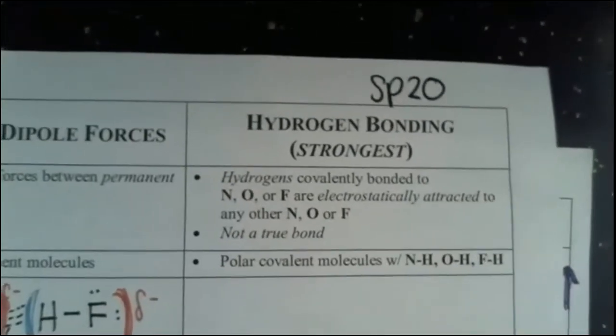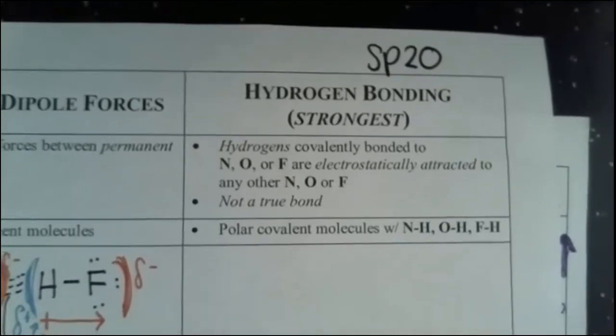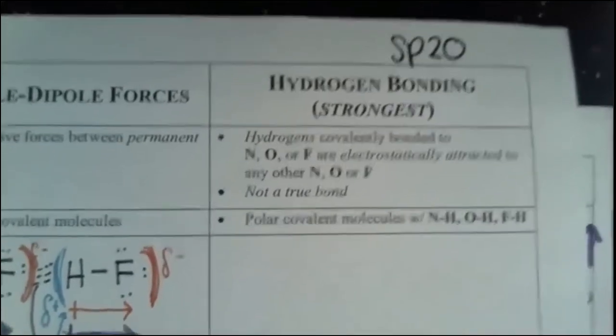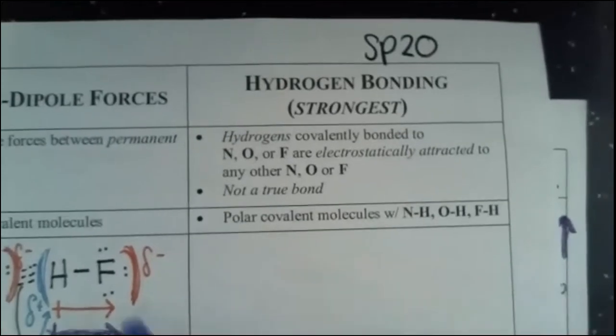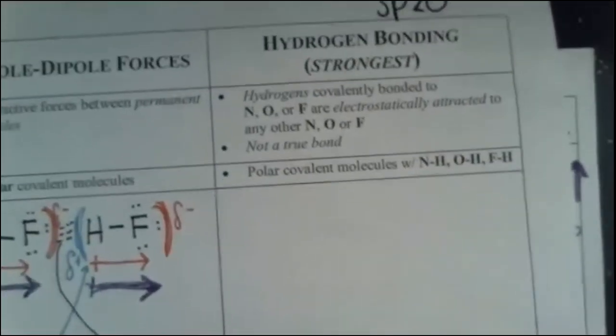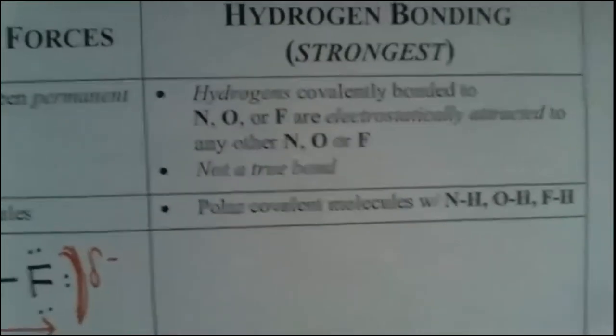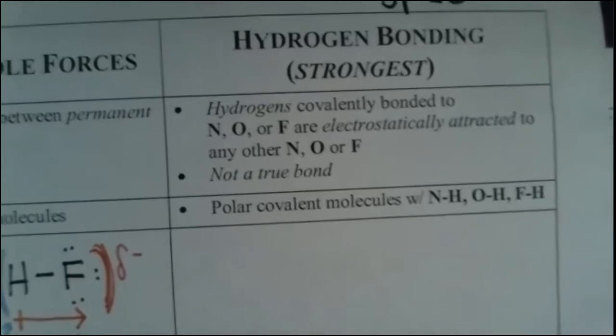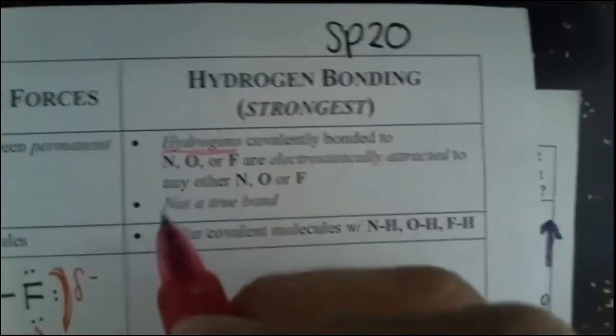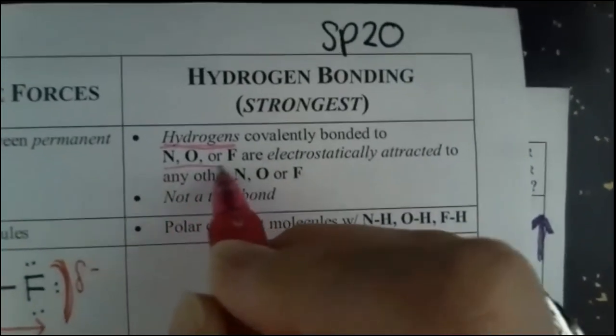All right, so let's see. Now we have hydrogen bonding, which is the strongest intermolecular force. What happens is when hydrogens are covalently bonded to a nitrogen, oxygen, or fluorine, those hydrogens, covalently bonded to an N, O, or F. So do you notice these?